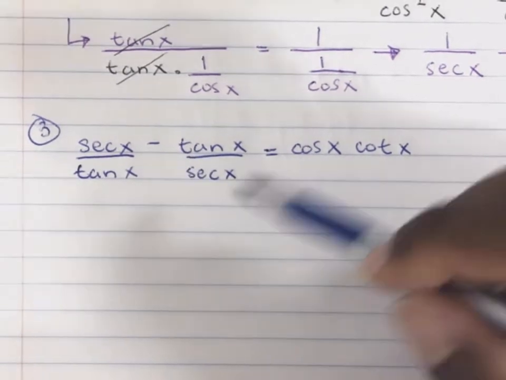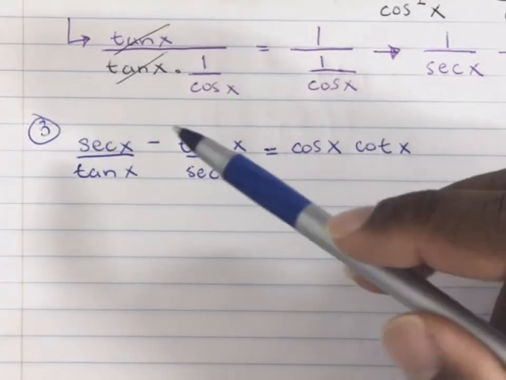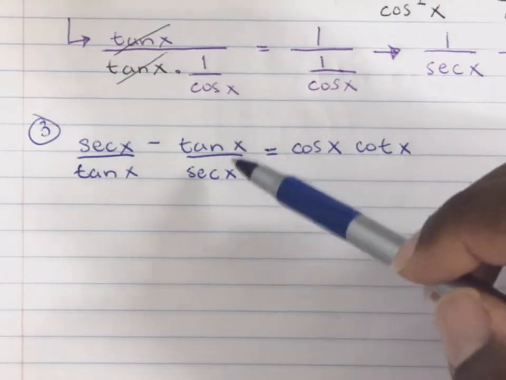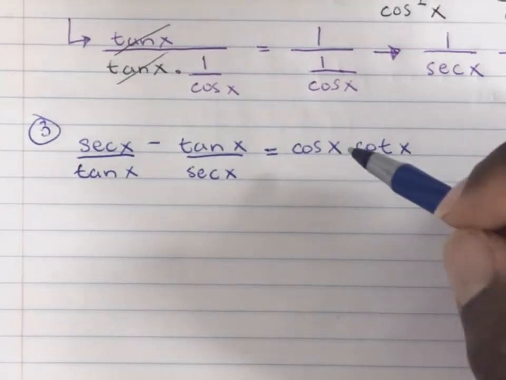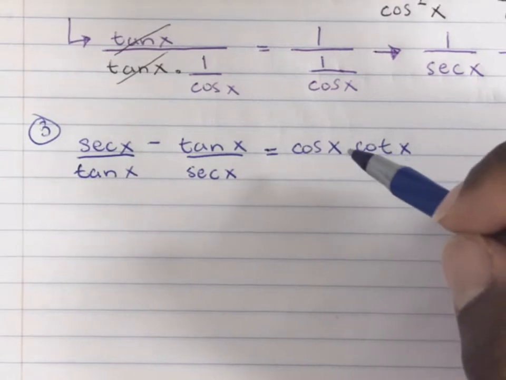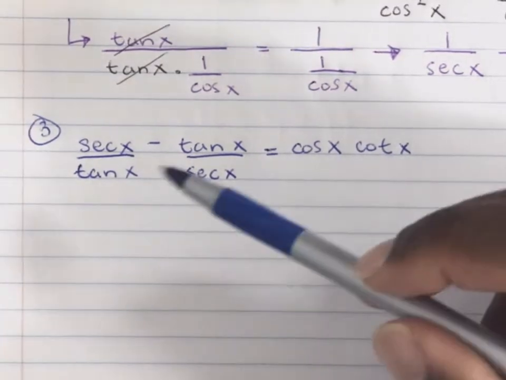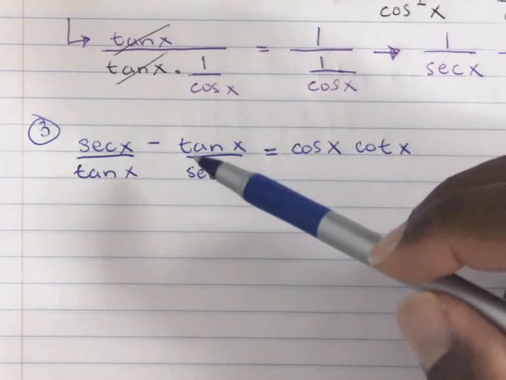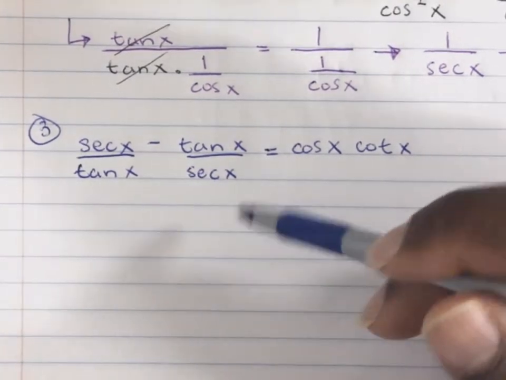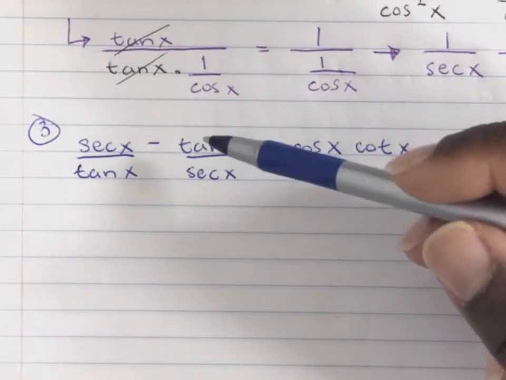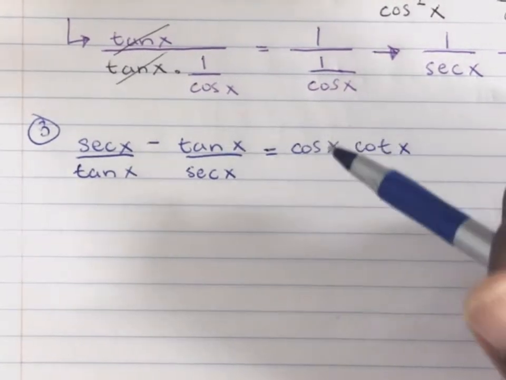What jumps out at me is I have 2 terms and a minus sign over here on the left, and I don't have that over here on the right. I've just got a cosine and a sine being multiplied together. So right off the bat, I'm thinking I need to make this into one fraction, and then I'll only have one set of terms, and then I'll be able to maybe simplify and see what happens from there.